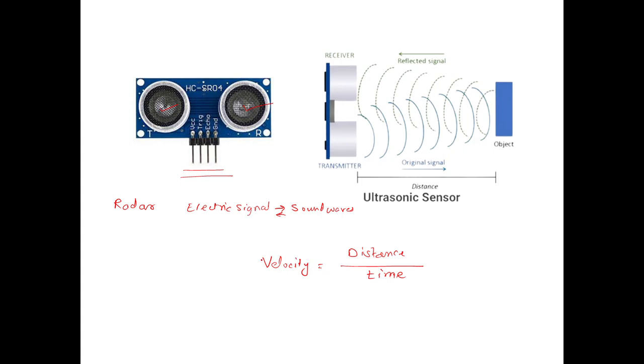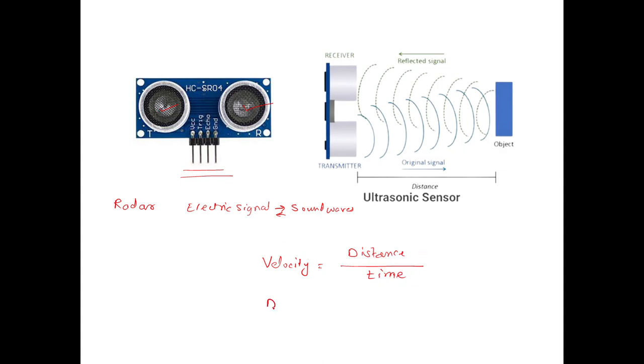Time will be measured by the ultrasonic sensor. We will write the code such that it records the time, and based on this time and the velocity, the distance will be calculated.